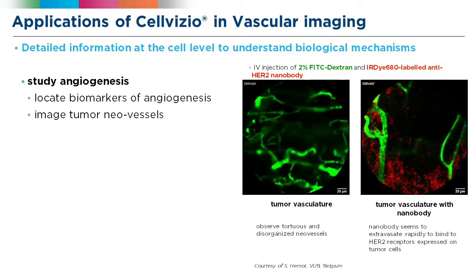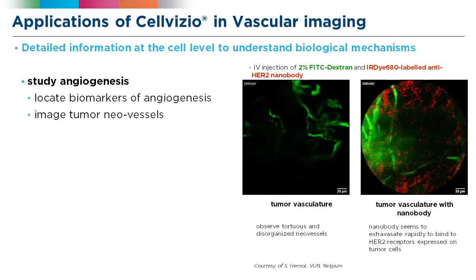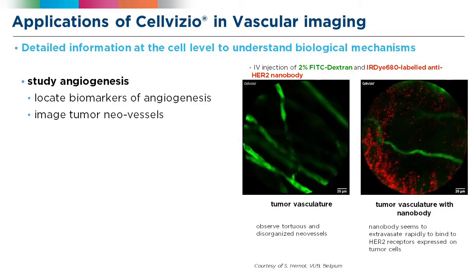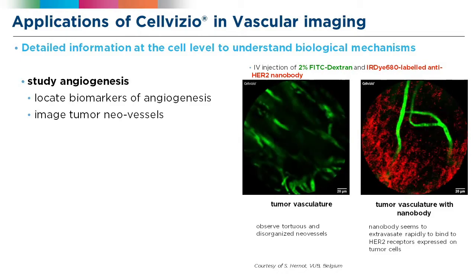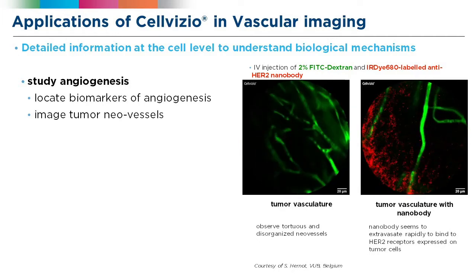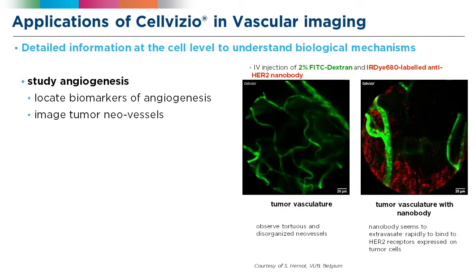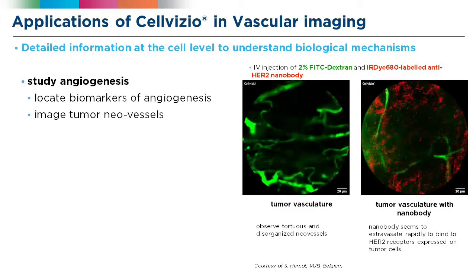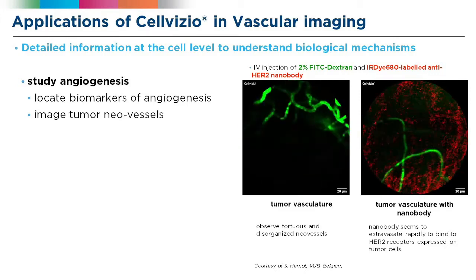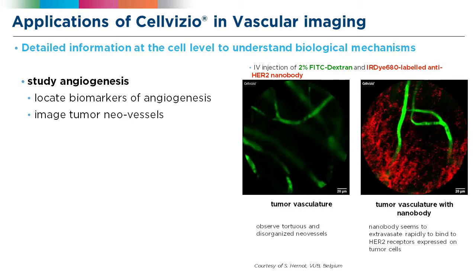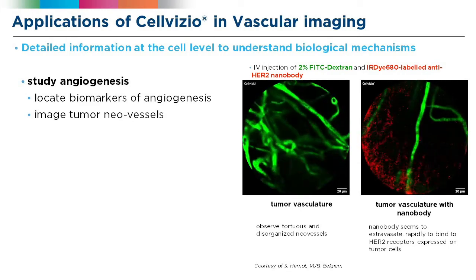And the video on the right is an image collected on the same subcutaneous tumor after a nanobody was injected. So this nanobody was targeting HER2. And so you see at the same time the localization of the nanobody and the tumor vasculature.